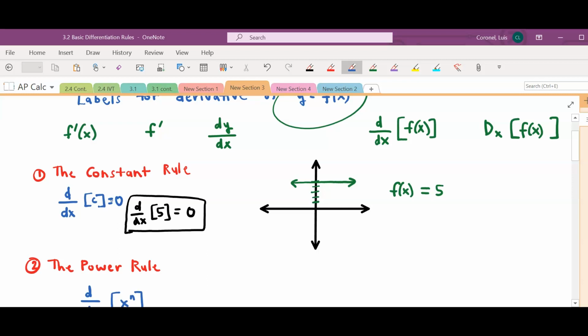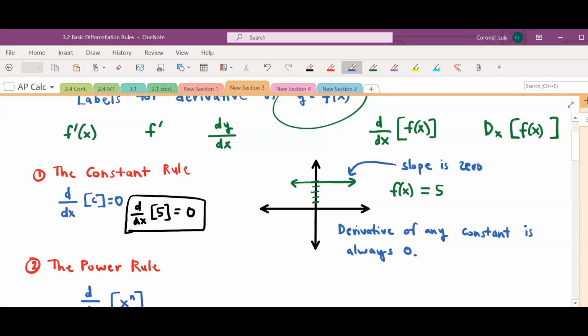And we can write that in words: derivative of any constant is always 0. And I guess we'll make one more notation for you guys right here. Slope is 0. And that's what we mean when we say derivative. We're talking about the slope.